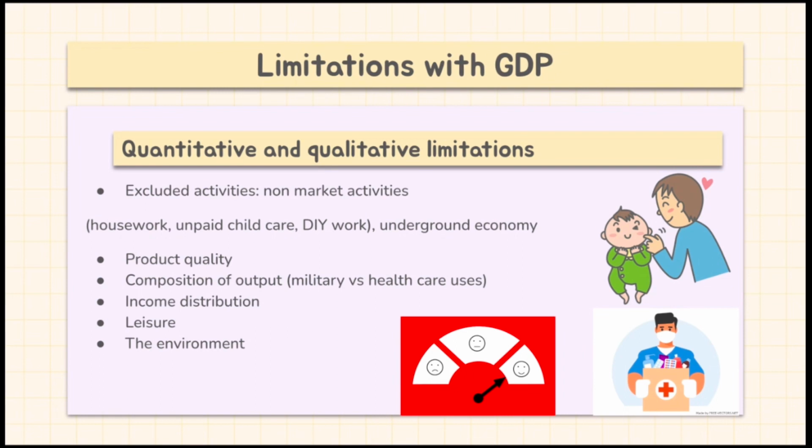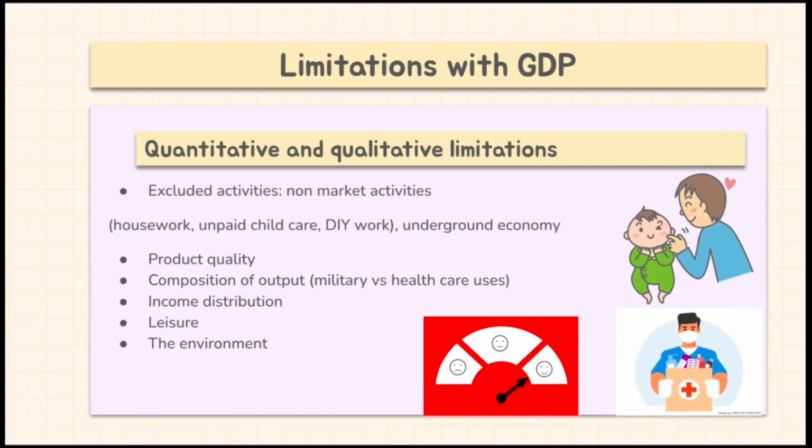So GDP does not describe what is being produced, it does not describe income distribution, it does not incorporate any measures of welfare, like happiness, it does not include product quality, composition of output, so where the government is focusing on with the money, income distribution, how equal or unequal the payment is among citizens, leisure or level of entertainment, safety and security level of employees, unpaid childcare, DIY work, and underground economies, such as the black market or illegal industries.